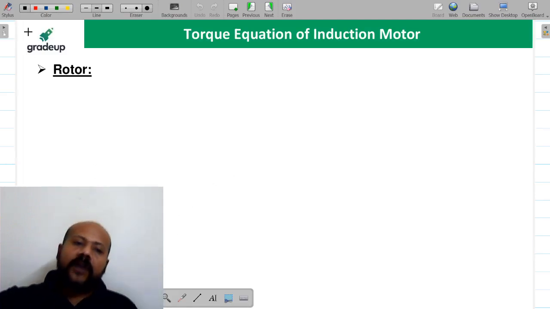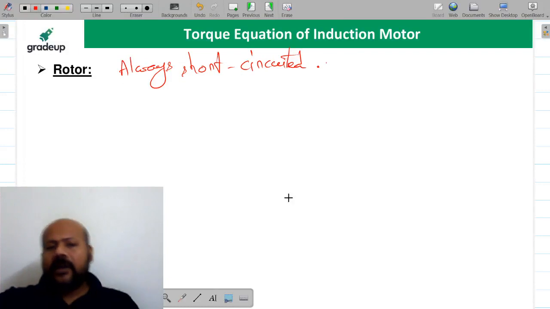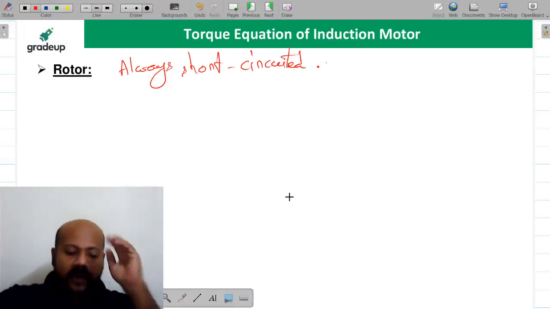Now the first point we have to understand for the rotor of the induction motor, that it is going to be always short circuited. This is the first thing. Now why we are saying it is always short circuited, we will try to understand.